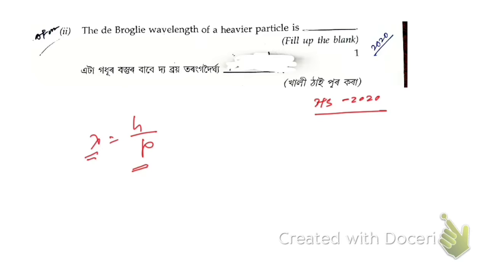If you consider that the mass of the heavier particle is m and it is moving with velocity v, then we can write that lambda is equal to h by m into v. And for a heavier particle it is very small.